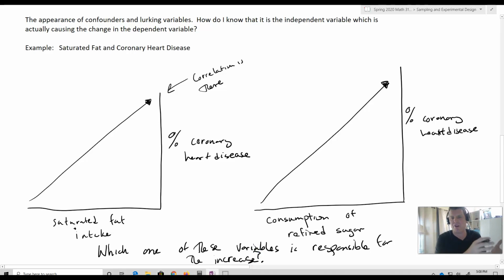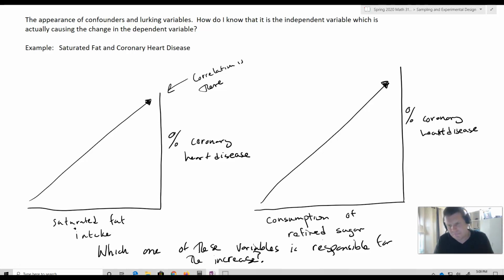Is it the saturated fat intake or is it the consumption of refined sugar? That's a challenge to internal validity. If I make the claim that saturated fat intake causes coronary heart disease, then I have to show that if I took away the saturated fat but kept the consumption of refined sugar, I would get a drop in coronary heart disease. I would not actually get this increase.